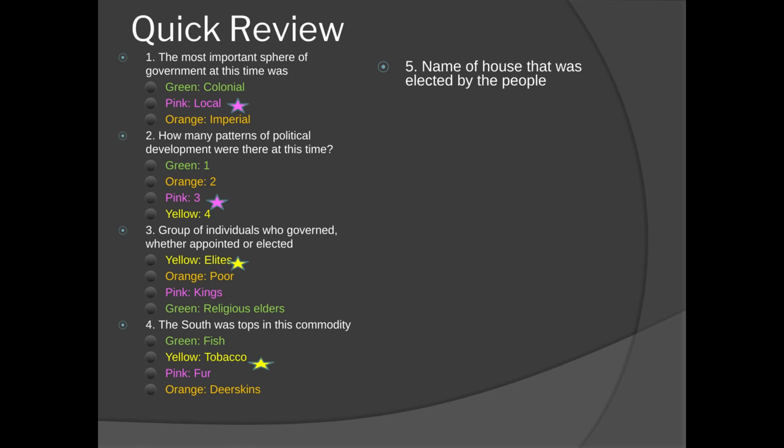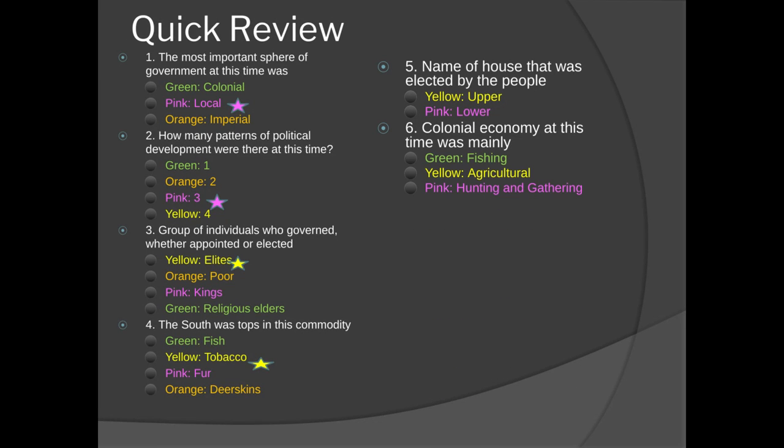All right, name of the house that was elected by the people. The upper house or the lower house? The colonial economy at this time was mainly fishing, agriculture, hunting and gathering, or cattle.